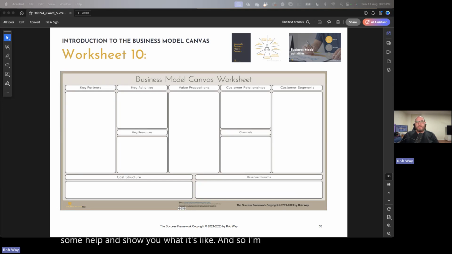So I'm just going to bring up an example of what this can look like, end state. Here we go. Is this it? Pause for excitement. Okay. Business model. Boom.